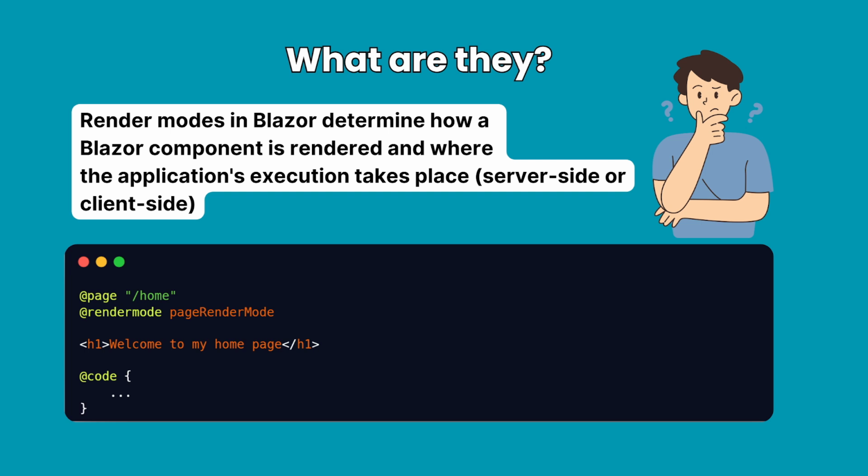For example, you can both render and execute your HTML on the server first and then give it to the client later on. Or you can render your HTML on the server, but then it will get executed on the client. So as shown in the code we have below, render modes in C# are defined using the render mode directive like we have here.